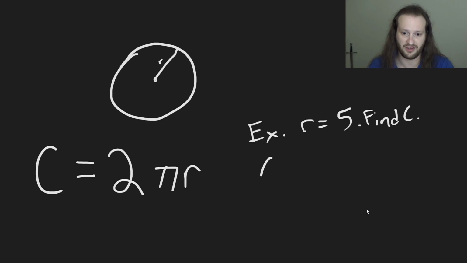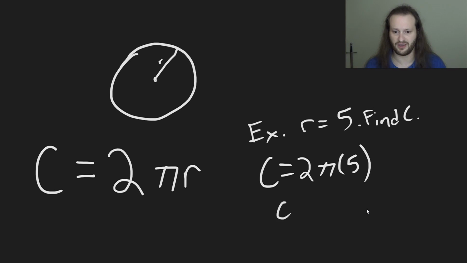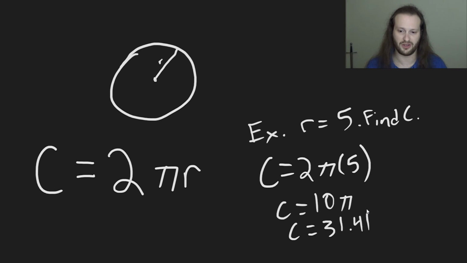Well, you just plug in 5 into this formula, and then you do the math, and you get 10 times pi, 31.41, and that's probably good enough. Round it to the nearest hundredth, so it'd be a 2, because that next digit is a 5.